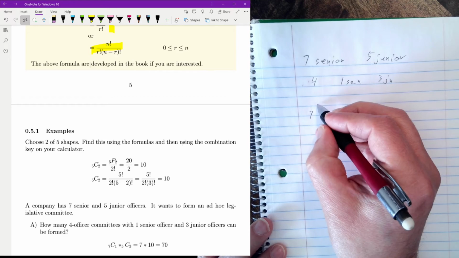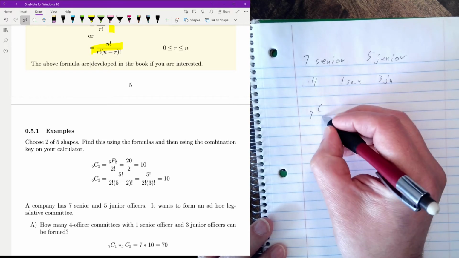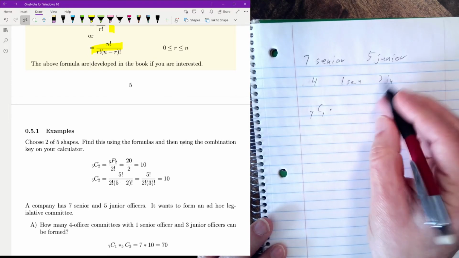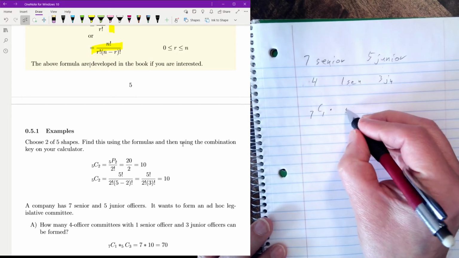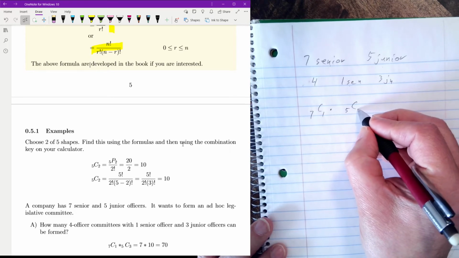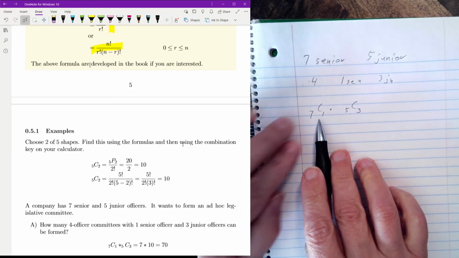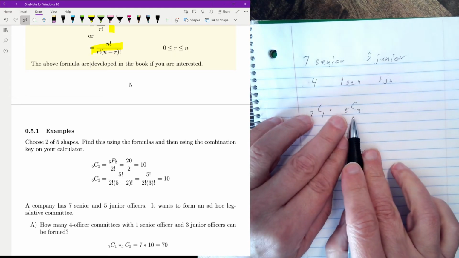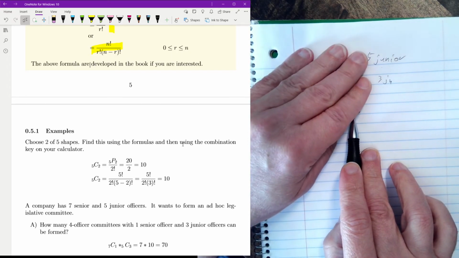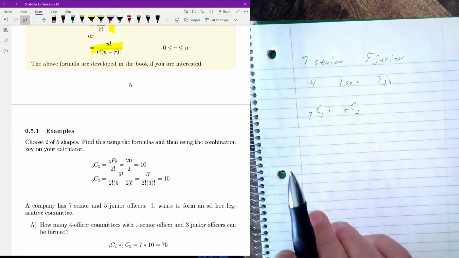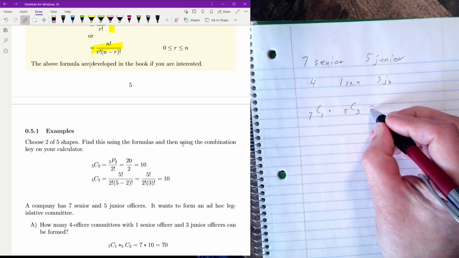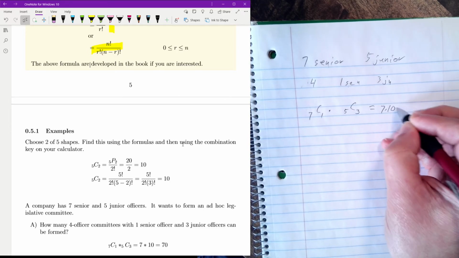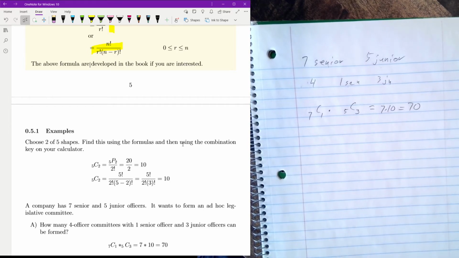So we're doing 7 choose 1, multiplied by, and then we have 5 to choose from, so 5 choose 3. So this is the number of combinations that are possible from the senior officers, and this is the number of combinations that are possible from the junior officers. And then we just multiply those together. That will give us 7 times 10, which equals 70.